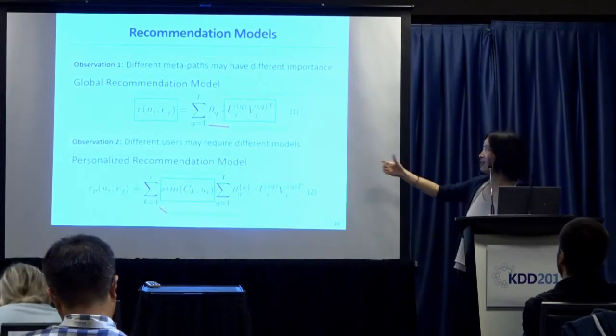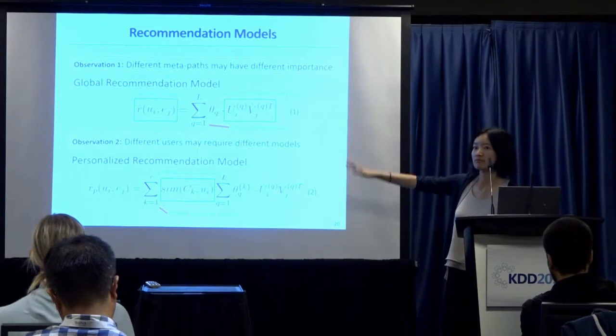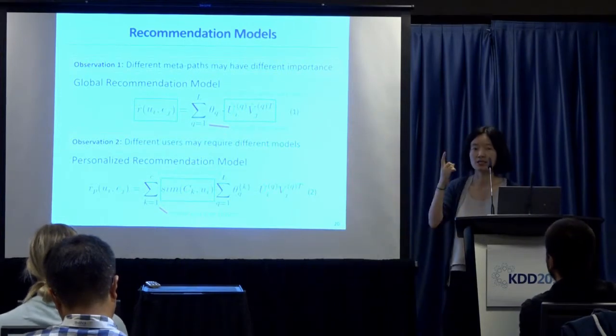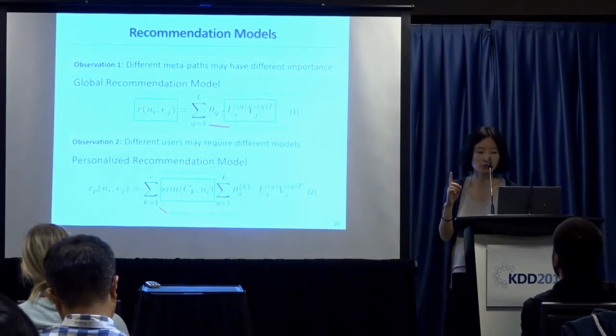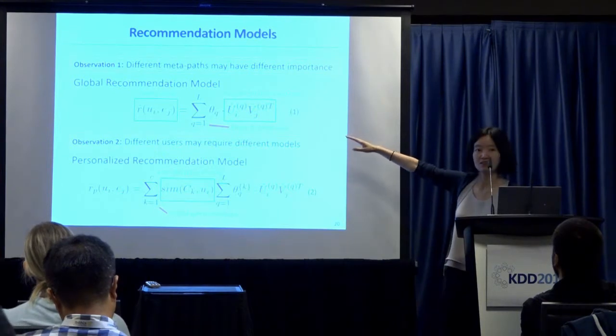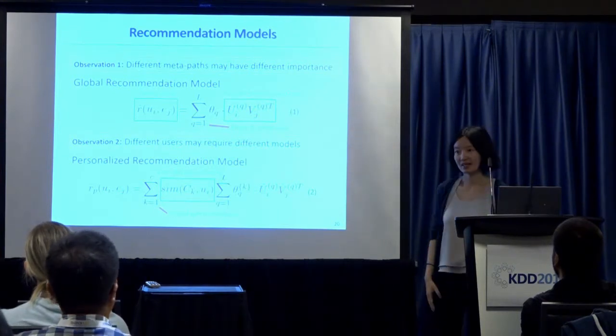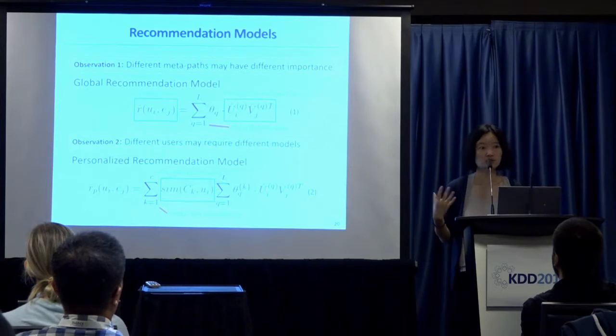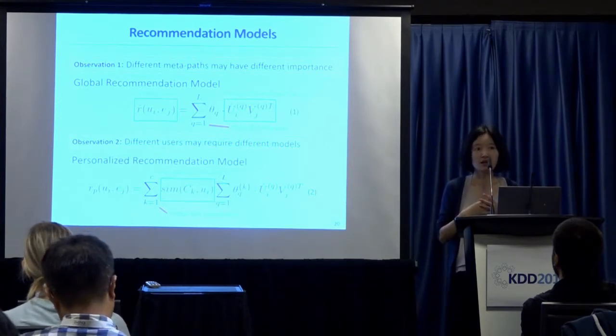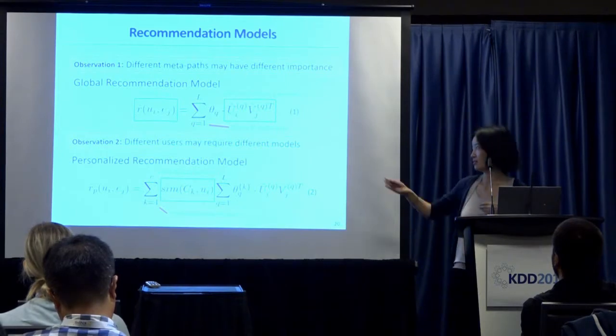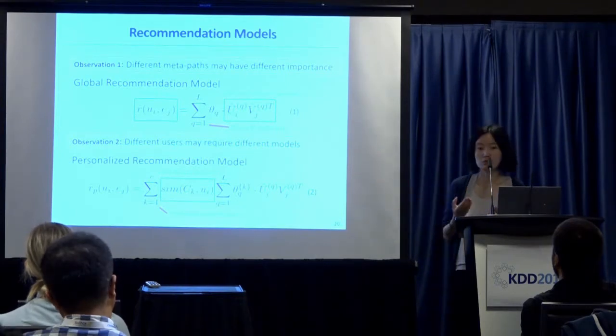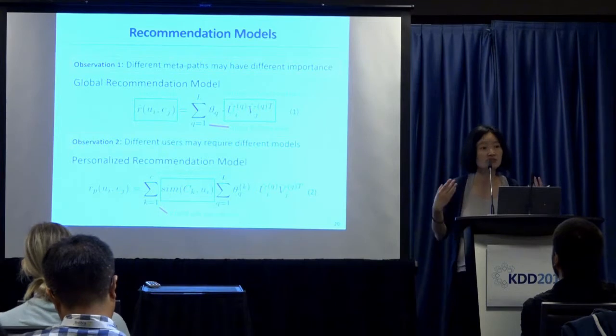But now, if we just want to do global recommendation, so we propose one global model to do the recommendation, then that's it, just one model. But under our framework, we can really leverage the reasons to do recommendation, and we can learn a different weight for different groups of people.